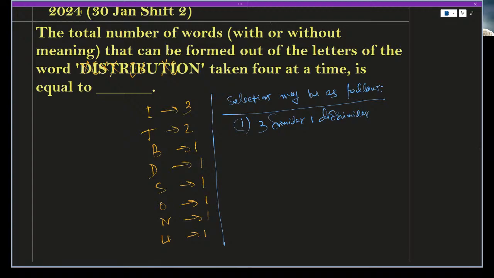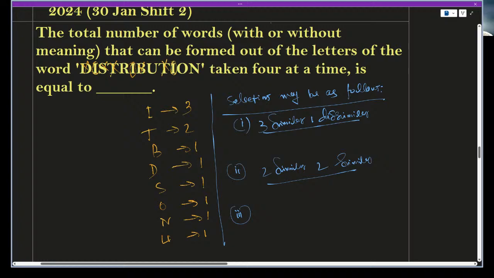Agree or not? First do selection part, then 2 similar, 2 similar. I am doing selection only first. Then number 3, 2 similar, 2 different.